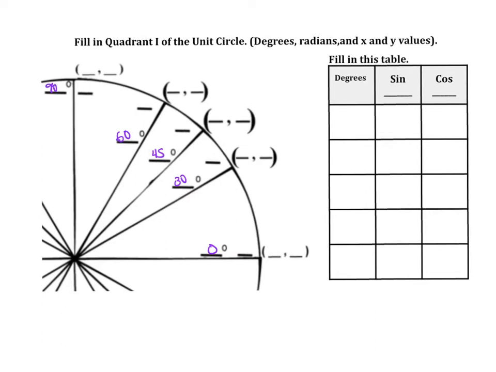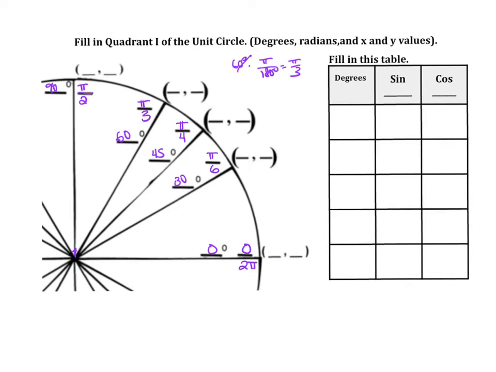Then this is also 0 radians, and at 90 degrees, the radians is pi over 2. Hopefully you remember to convert: 60 degrees times pi over 180 degrees, you're going to get pi over 3.